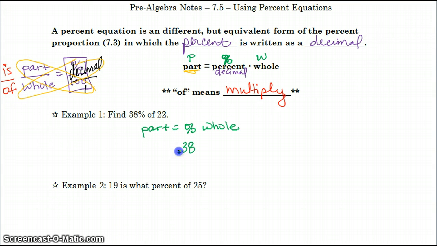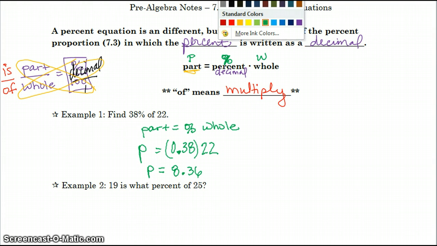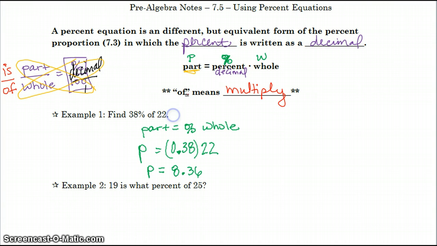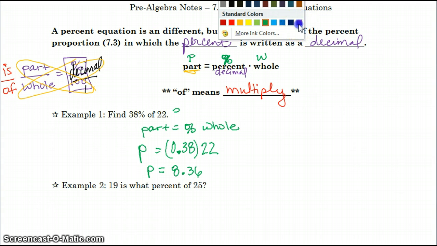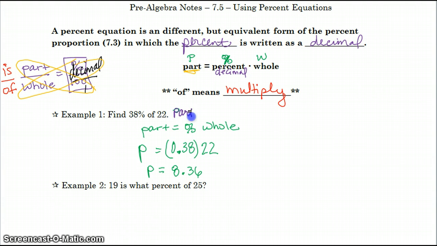I'm going to use the decimal form of percent when I'm doing an equation. So find what part of 22; of is my signal to multiply. So 38% of 22 is going to give us 8.36. In this problem, we are looking for part.